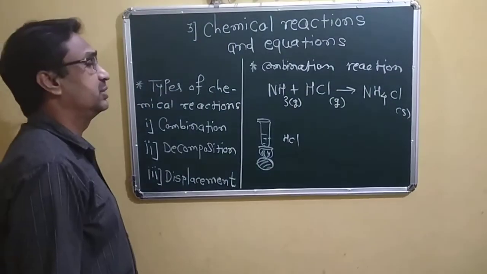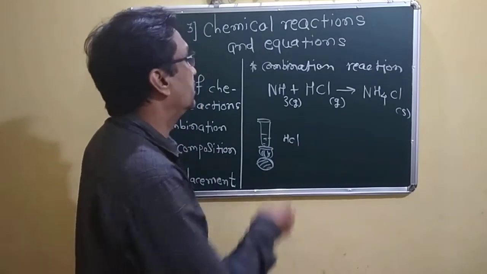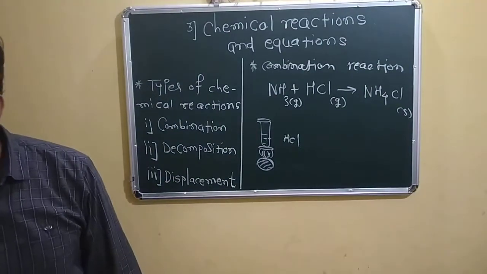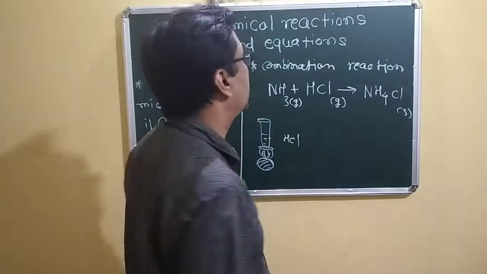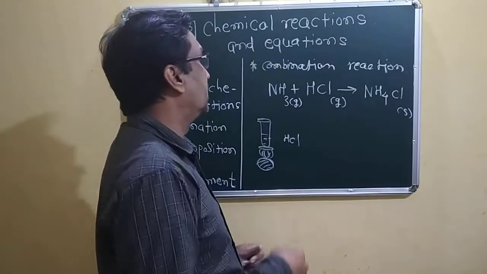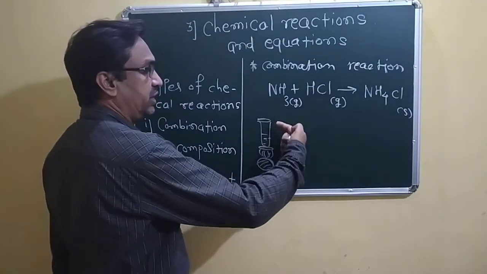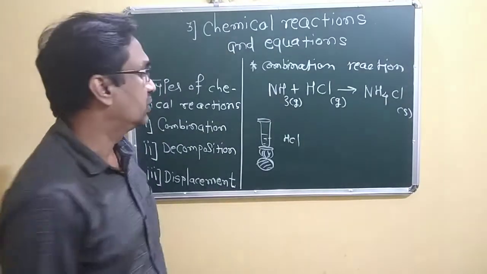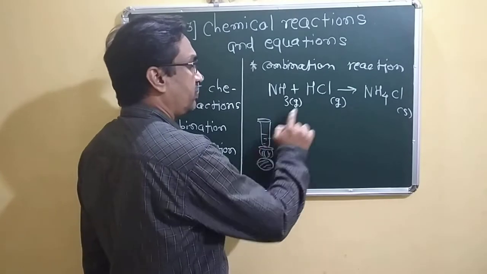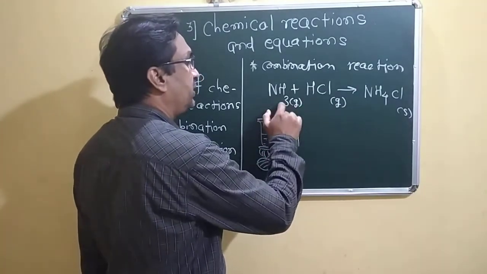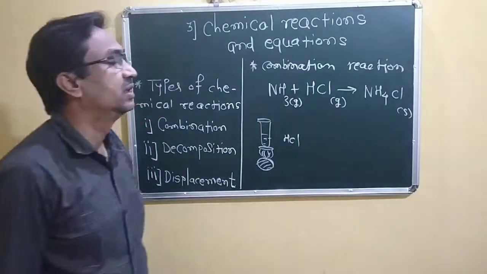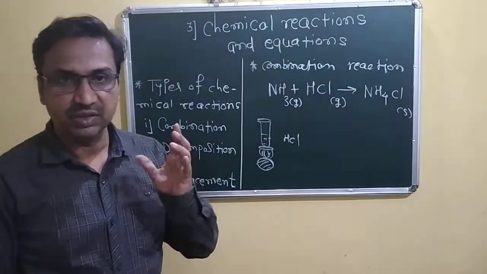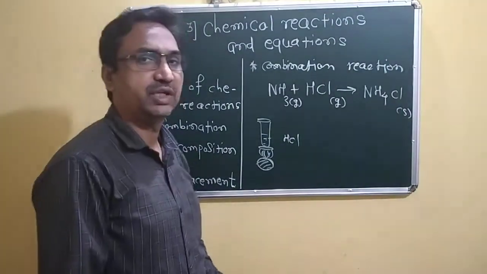After that, in another test tube we take ammonia, insert a glass rod in the ammonia test tube, and hold this test tube near the HCl test tube. So the vapor of HCl gas and the vapor of ammonia gas react with each other to form ammonium chloride, which is a white smoke, and condensation takes place.